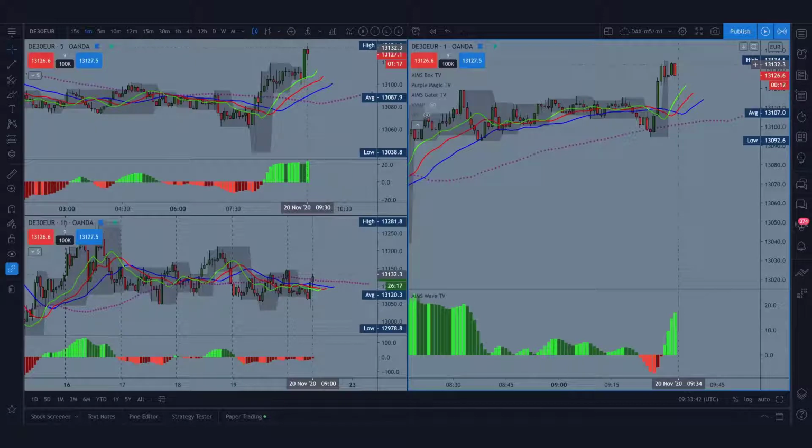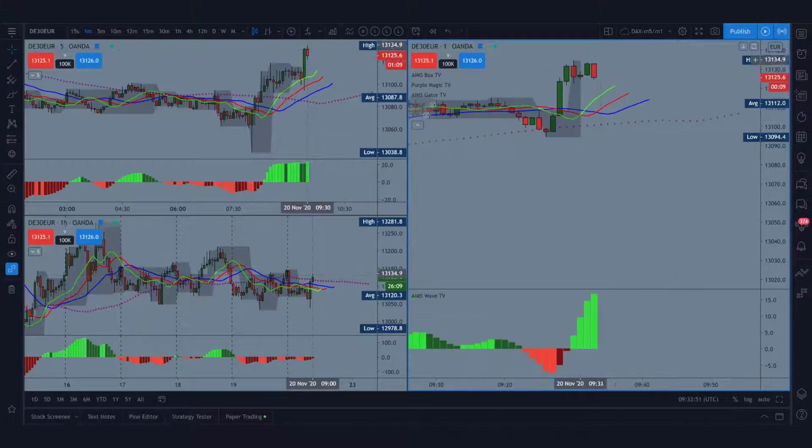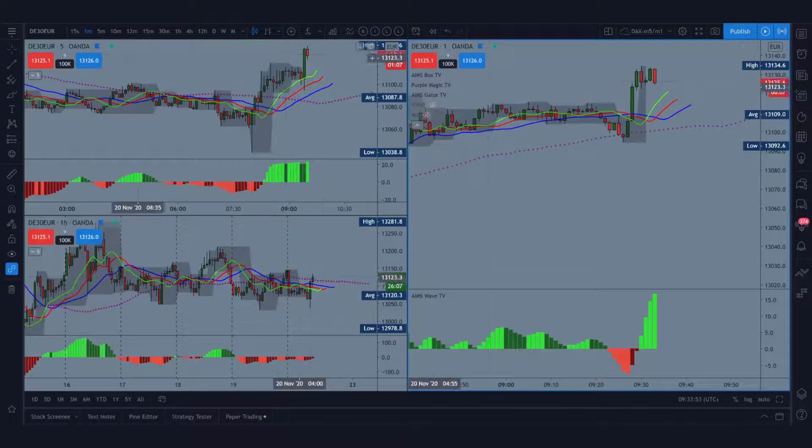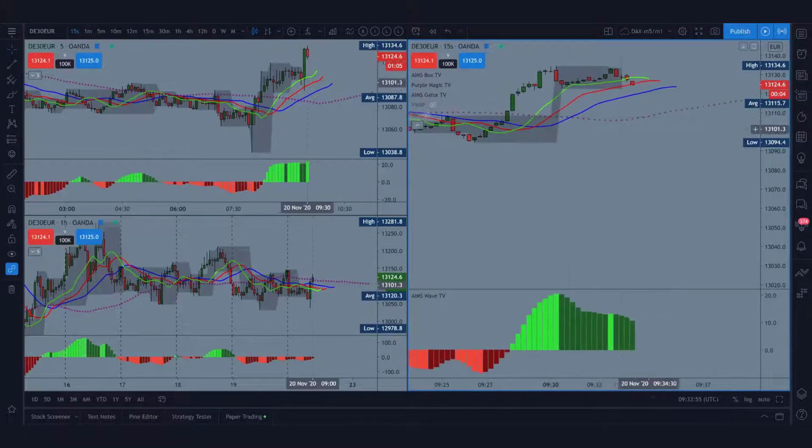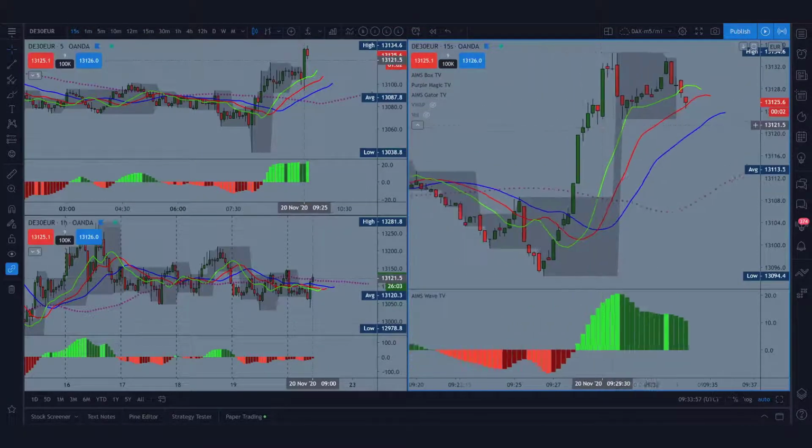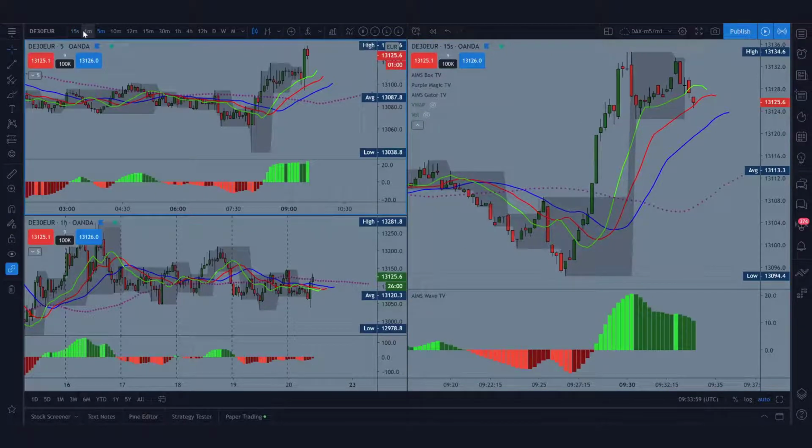But when it doesn't do that, and I'm watching the 10-second chart, it gives me more information, and I know that this level here is going to be, oh, what am I doing? I can show you the 15-second chart here as well. Okay, so I'll change this to 1 minute.